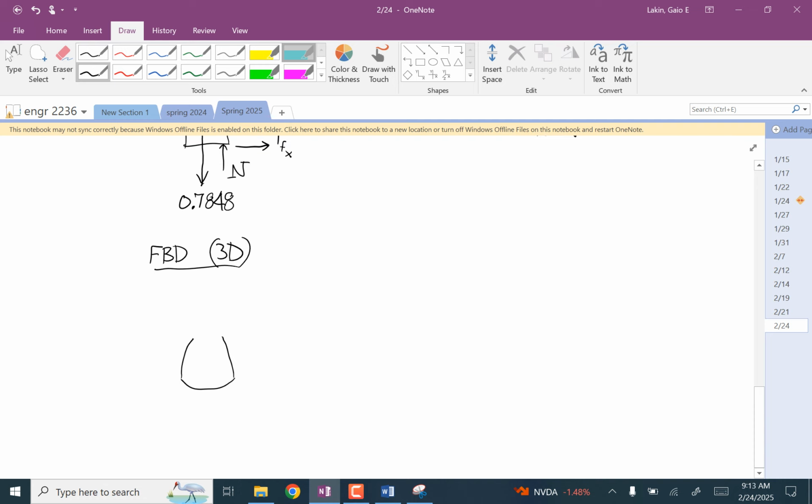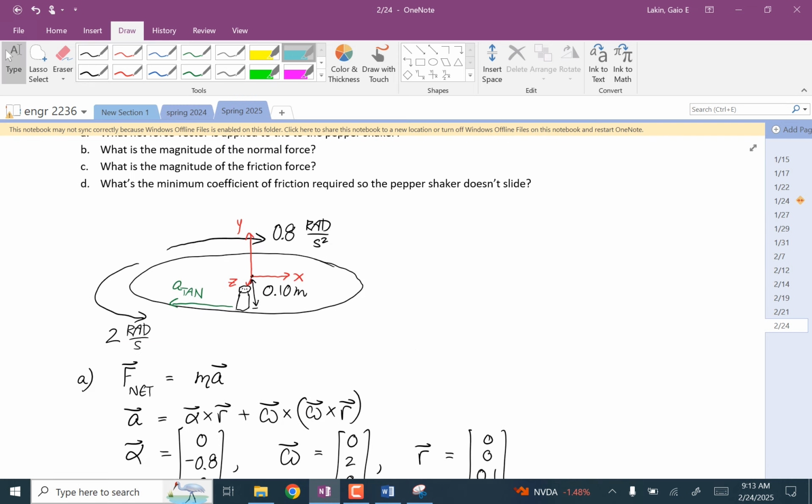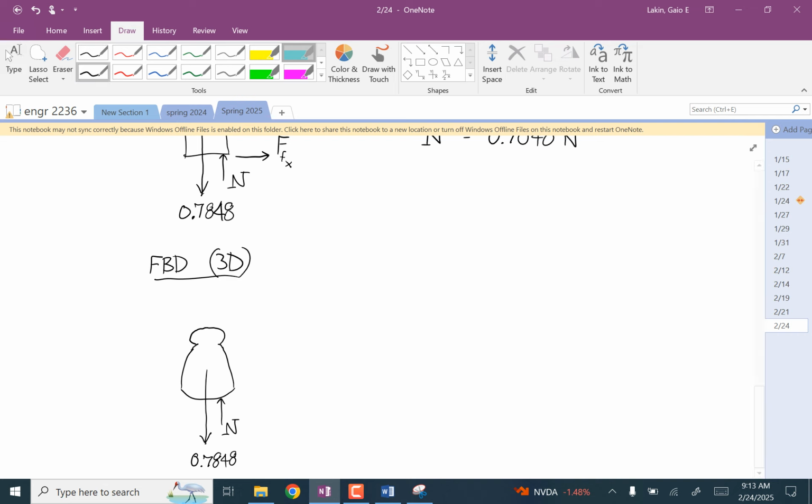But say we do it at an angle like this. We have a weight force this way of 0.7848, a normal force this way, and z is going toward the thing. We have a friction force that I'm going to draw like this.